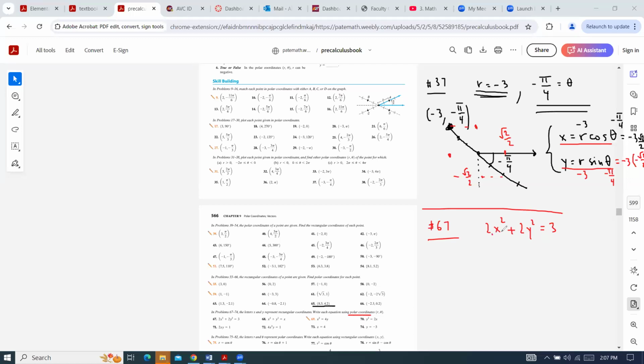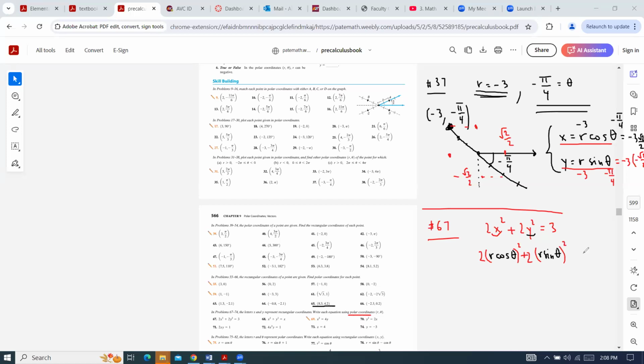Instead of x, you're going to put r cosine theta, and instead of y, you're going to have r times sine of theta. It's always like that. And of course, in this equation we have 2, and this thing is squared, right? Plus also 2, and that thing is squared.